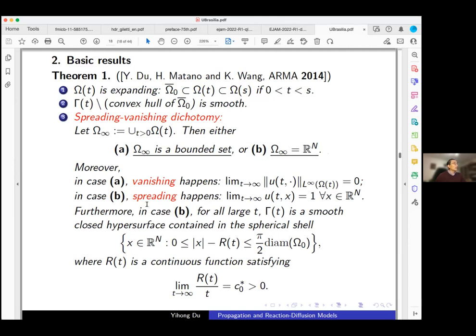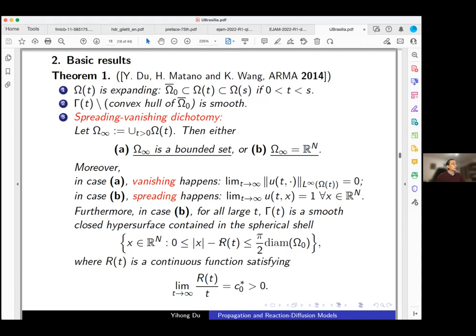Furthermore, in the second case, we can come back to see more about the free boundary. For large time, the free boundary becomes a smooth closed hypersurface contained in a spherical shell with a finite thickness. The thickness is bounded by the diameter of the initial population range omega 0.